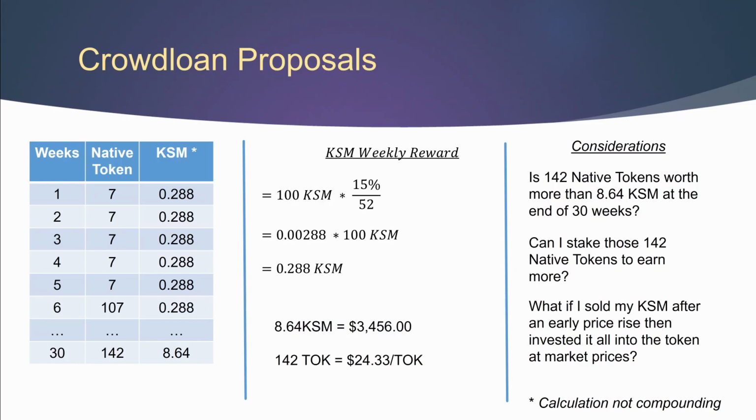You didn't participate in the crowd loan per se, but you bought the tokens, you sold your KSM and you bought the tokens, and you sold after 30 weeks. Or you kept it in the project for a very long time to show your commitment, and later on in the future you evaluate the price. So these are the kind of things that you need to consider. This is not financial advice, it is just general advice or things that you need to look out for.